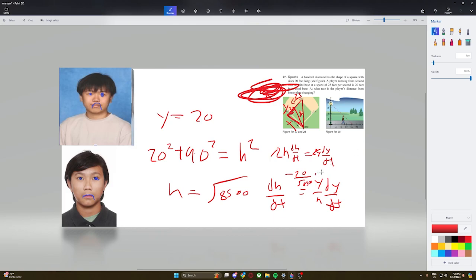So 25 times 20 is 500 over the square root of 8,500, which simplifies to the square root of 8,500 over 17 as your answer.